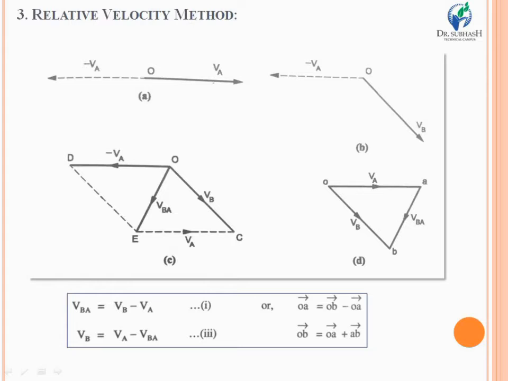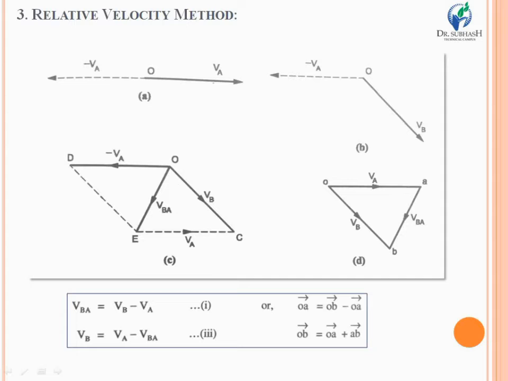Or you can also write this relation in terms of vectors, like vector AB is equal to vector OB minus vector OA, or vector OB is equal to vector OA plus vector AB. Basically it is taken from the velocity triangle.